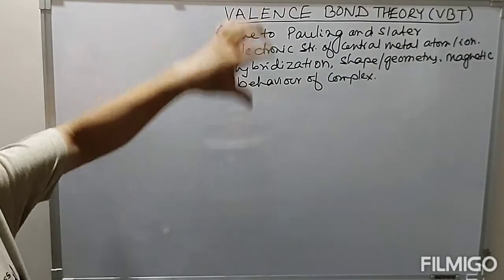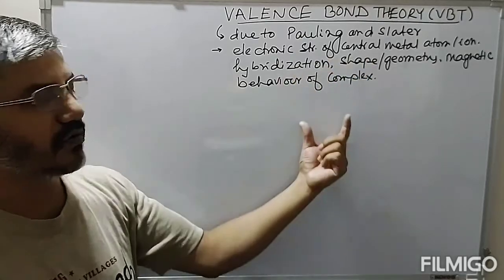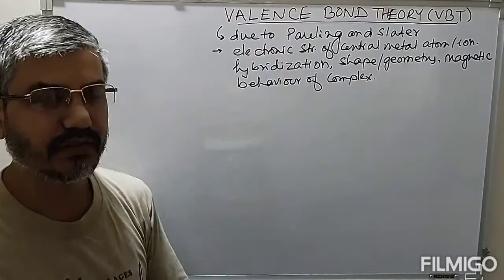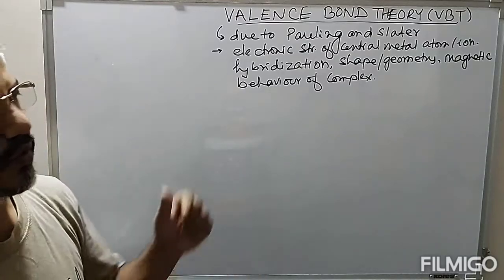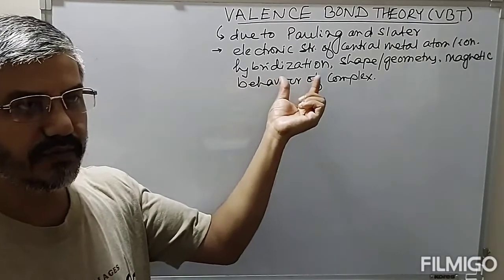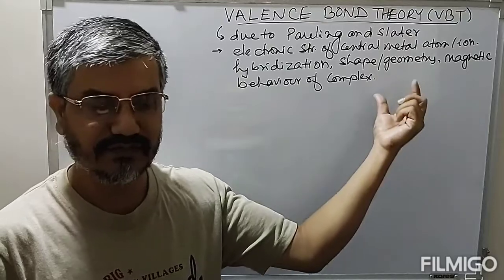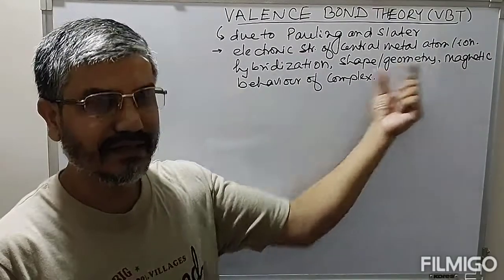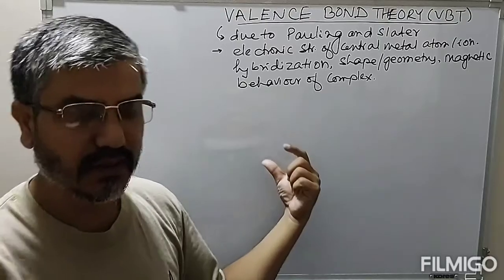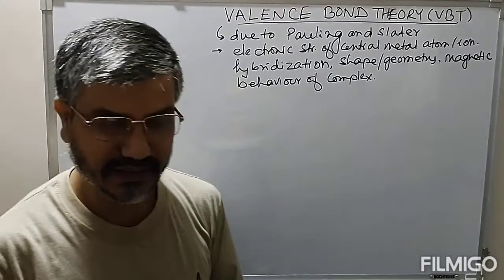So after studying this valence bond theory, we should be able to predict the electronic configuration of the central metal atom or ion in the complex, the hybridization of the central metal atom or ion, the shape or geometry of the complex formed between metal and ligand, and the magnetic behavior, whether the complex will show paramagnetic or diamagnetic behavior.